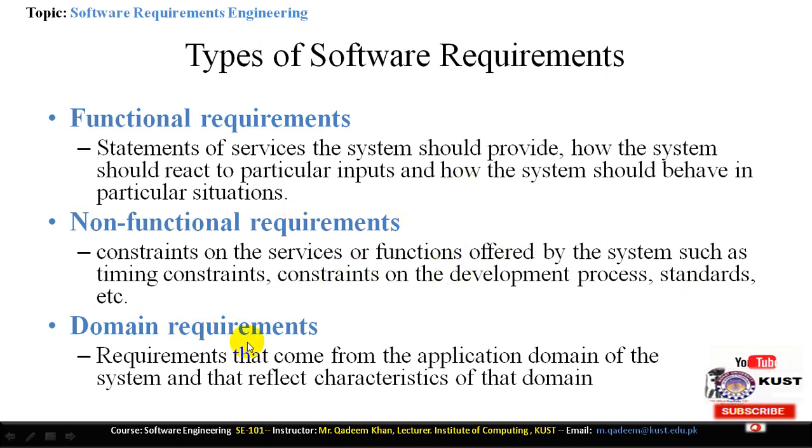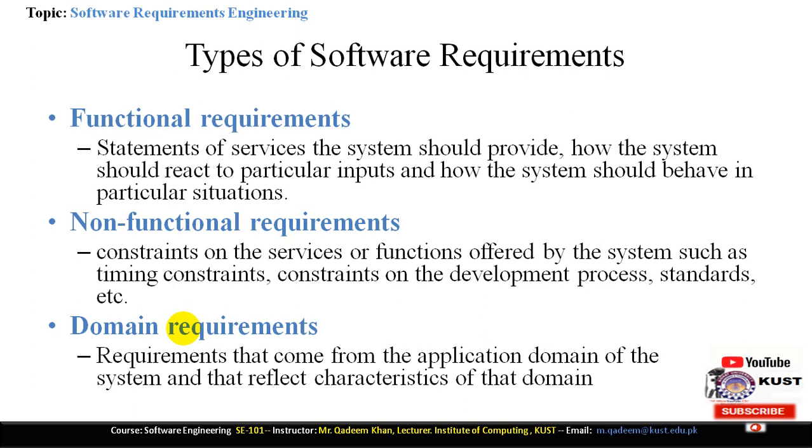And the domain requirements, which is the third type of requirements, include information about the domain of the project. So information domains include such information that is relevant to the domain of the application. Domain requirements represent the application domain of the system, which reflects the characteristics of that domain.